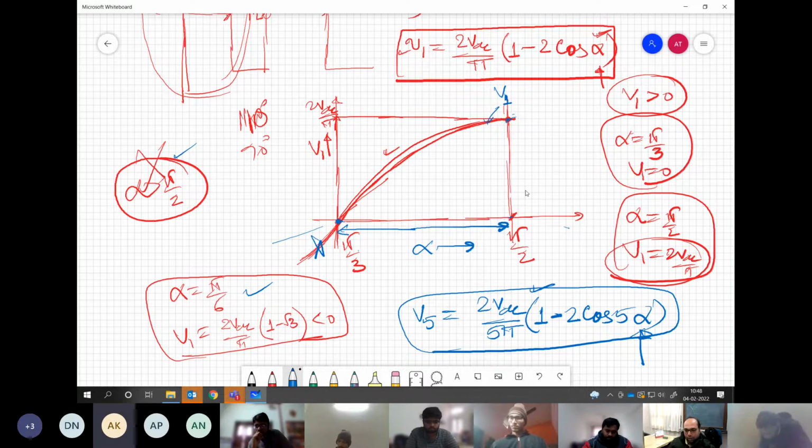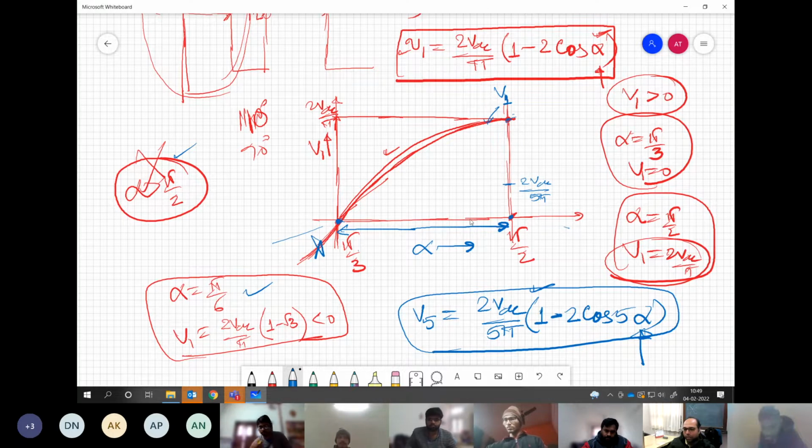What is the value of V5 at pi by 2? Maximum. Pi by 2, what is the value? 2 VDC by 5 pi. Yes. So at least these two extreme values we know.